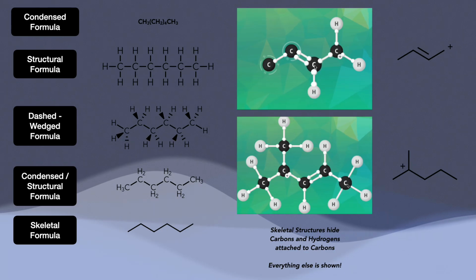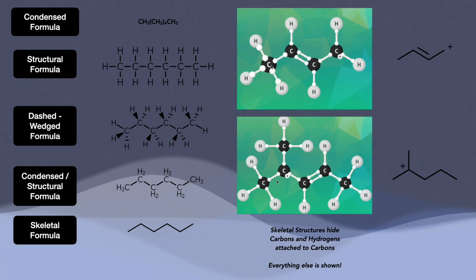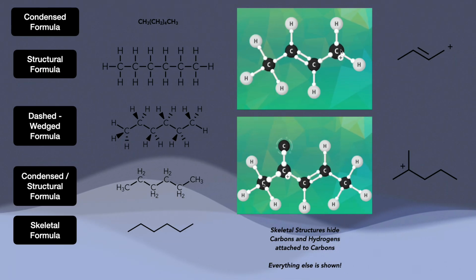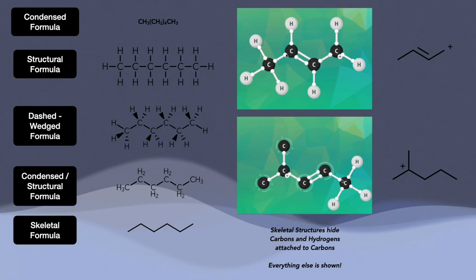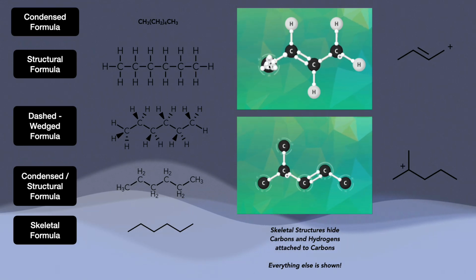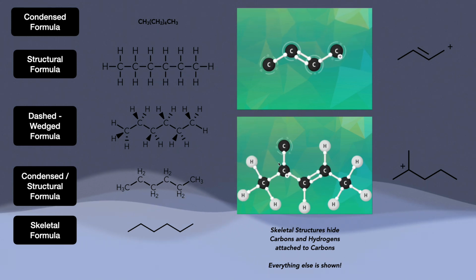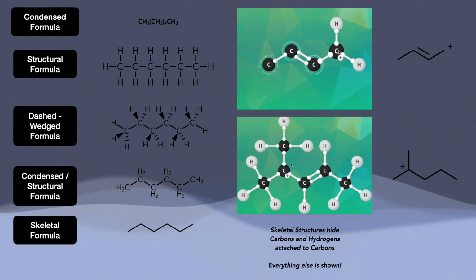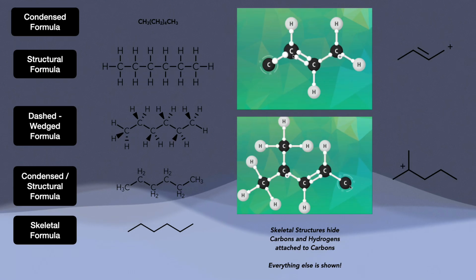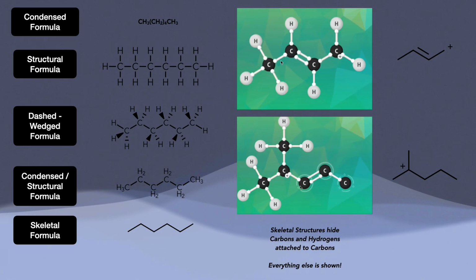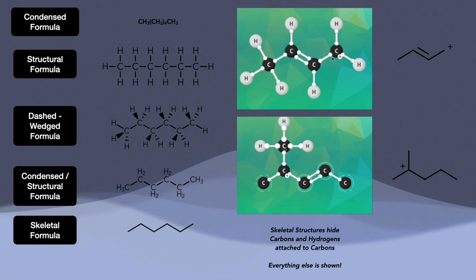Again, it's the idea that carbon will form 4 bonds and hydrogen must only form 1. So those 3 hydrogens being indicated, CH3, must be bonded to that carbon preceding it. We could write H3C, but it would be equivalent to CH3.